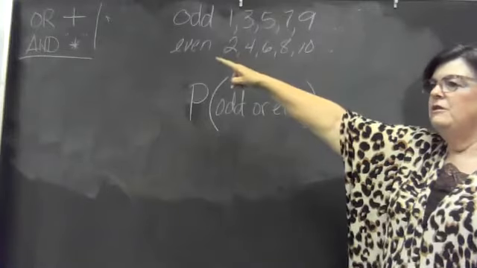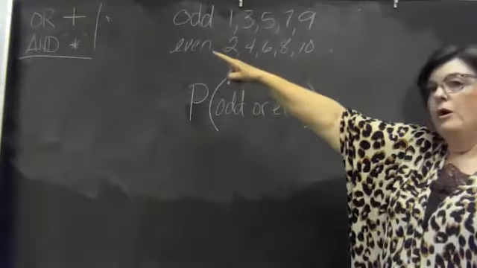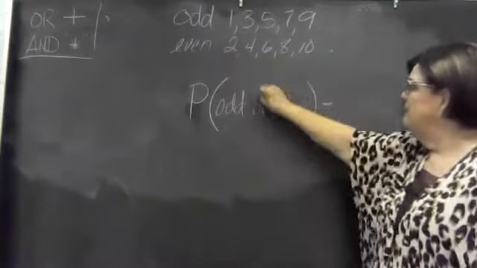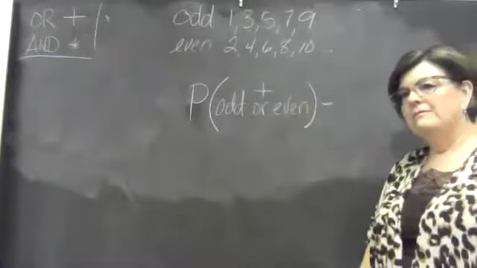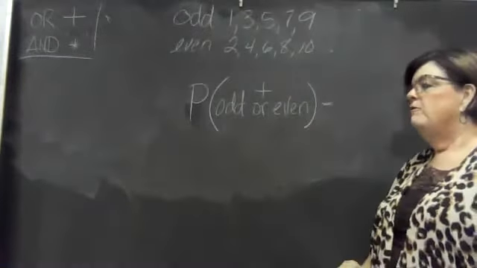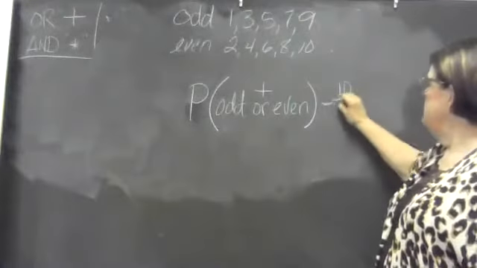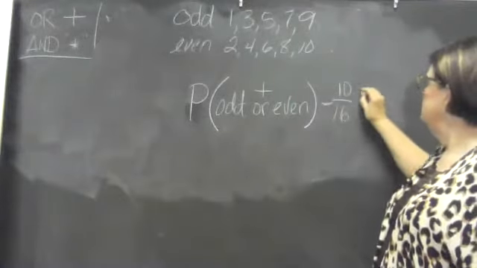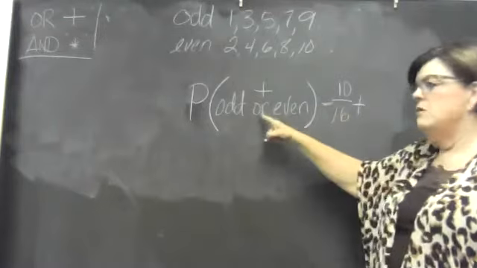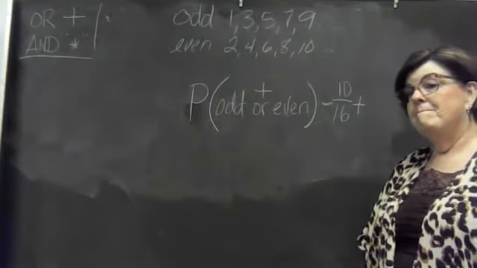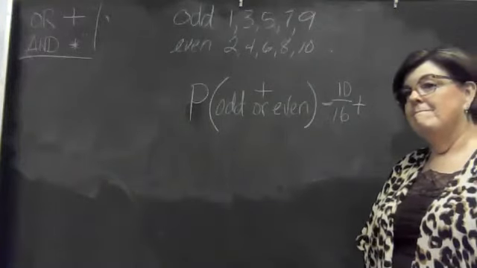So I was like, what does "or" tell us we're going to do? What are we going to do, Brandy? Times? Or plus, adding. We're going to add, okay? So we found 10 odds, right? 10 out of 16. And if it says or, then how many evens are there? 6.